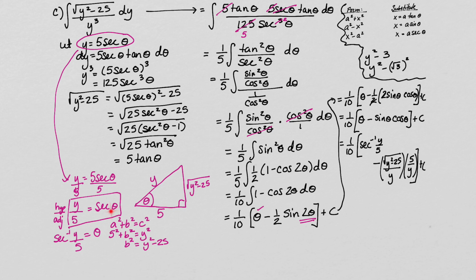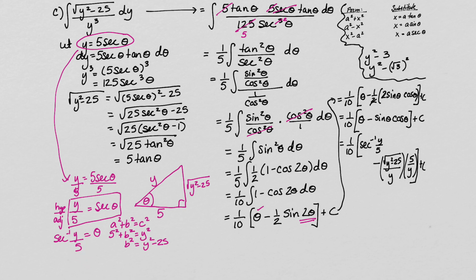To get theta, to untrap your theta, you have to use an inverse trig function. So back from Math 127. So that's where I went from this step to here. So if y over 5 is equal to the secant of theta, theta is equal to the inverse secant of y over 5. Does that make sense?